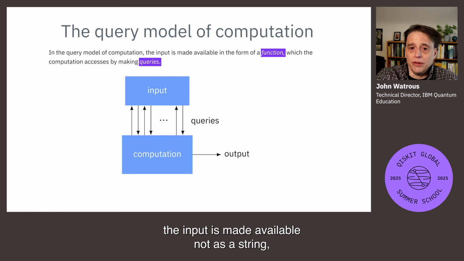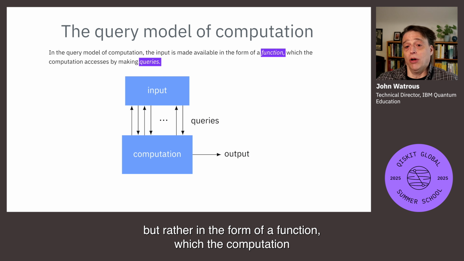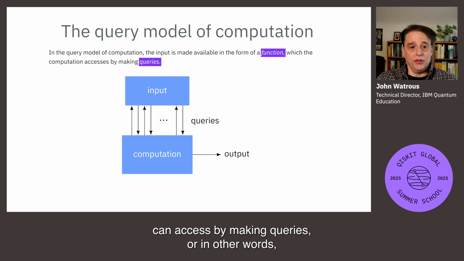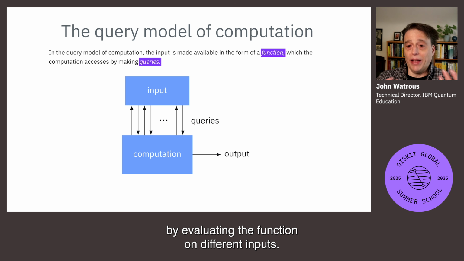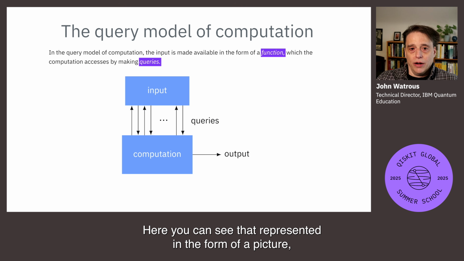In the query model, the input is made available not as a string, but rather in the form of a function, which the computation can access by making queries, or in other words, by evaluating the function on different inputs. Here you can see that represented in the form of a picture.